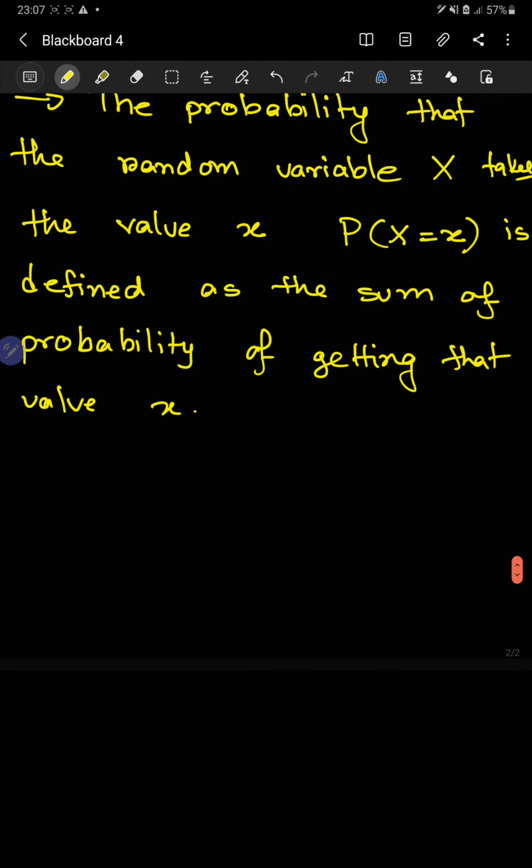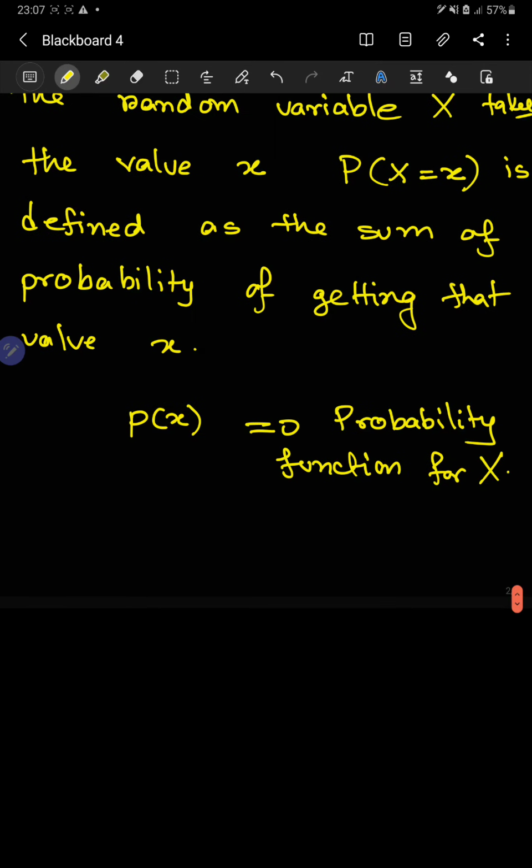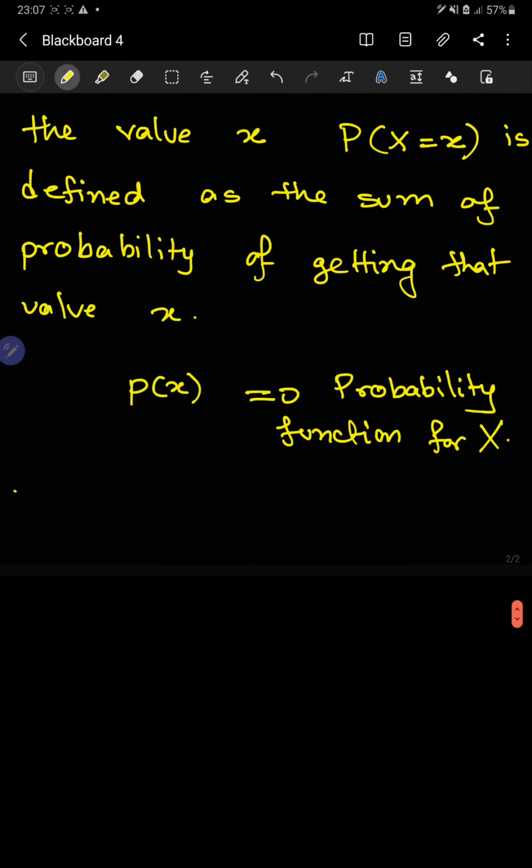That is the probability of that random variable X. We sometimes denote it by small p of x, and it's also sometimes called the probability function for X. Okay. So I guess everybody's okay with this.